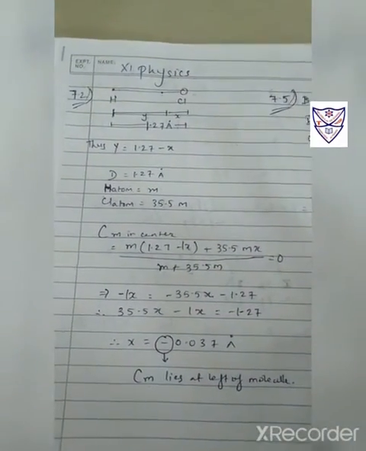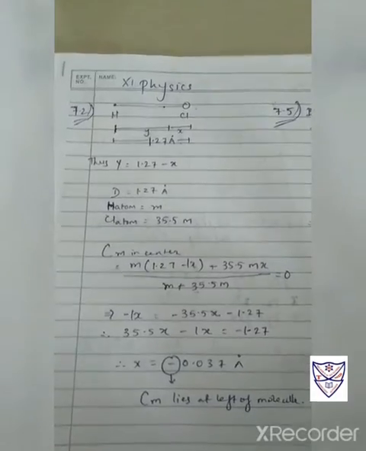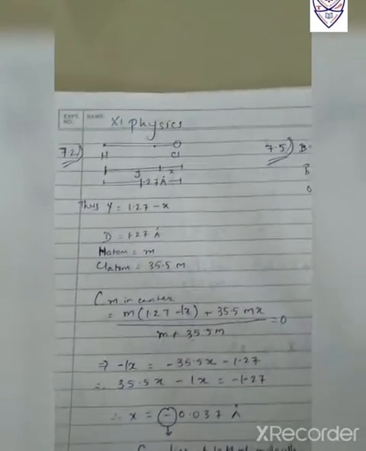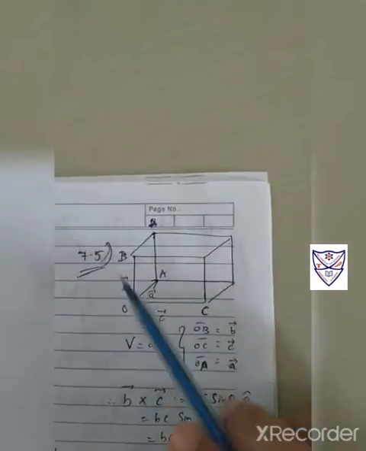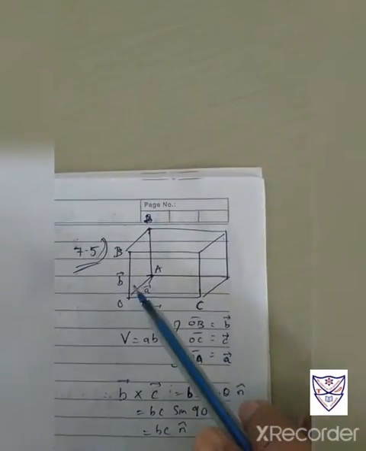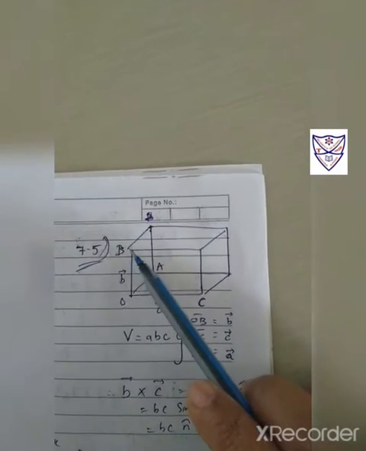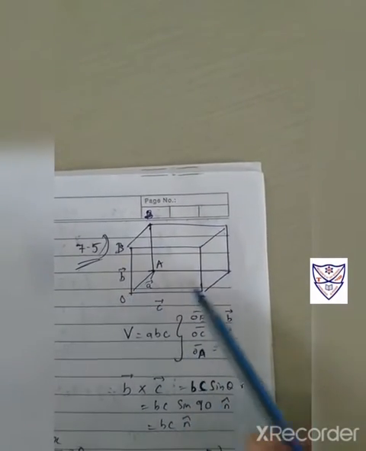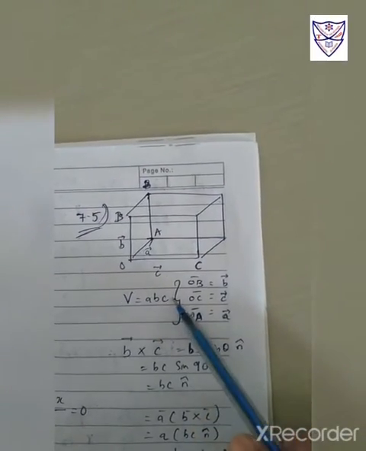Okay, it was simple. Now for the next one, I want you to read the question of 7.5, understand it and see here. According to the question, this is the basic diagram you can draw. From O to A, I am considering vector A, O to B vector B, O to C vector C. Now volume is ABC.